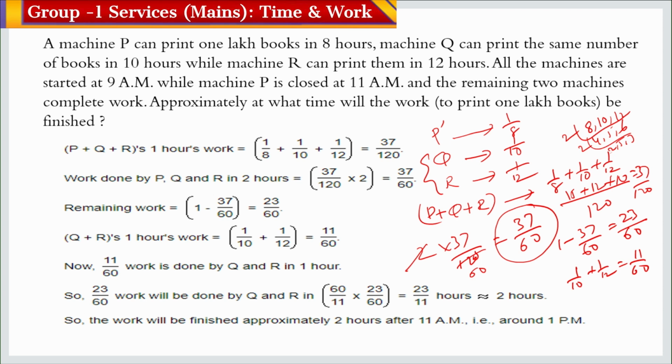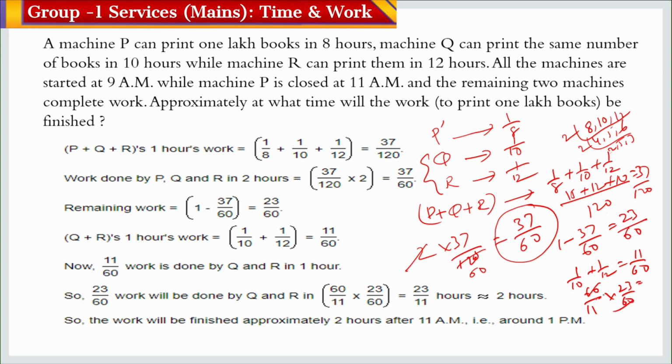So, 11 by 60 work is done by Q and R in 1 hour. 23 by 60 work is to be done by Q and R. So, in hours, totally 60 by 11 into 23 by 60, that is approximately 23 by 11.